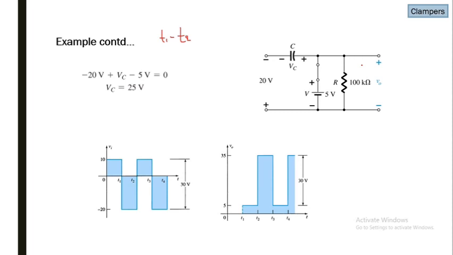Now we want to know what the voltage will be appearing across this capacitor. We name it Vc. We can find this Vc by simply applying KVL in this loop. If we see the direction of current, which is this way, on the capacitor we mention the drop of Vc.